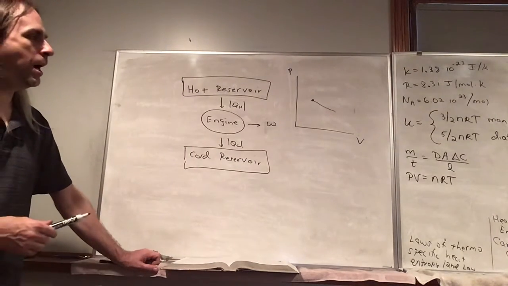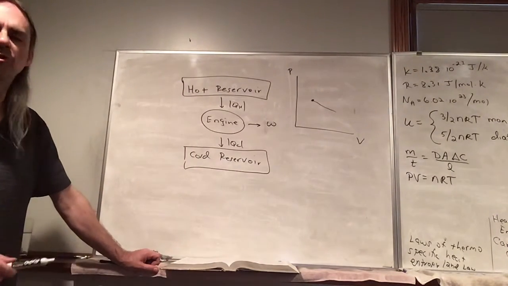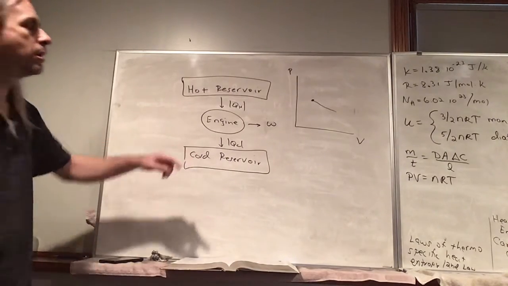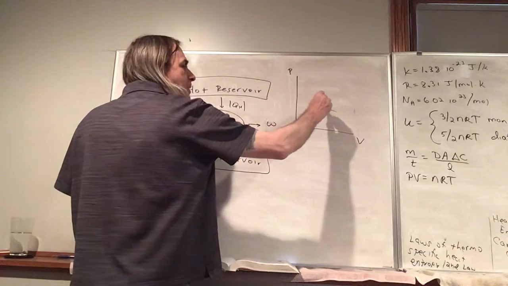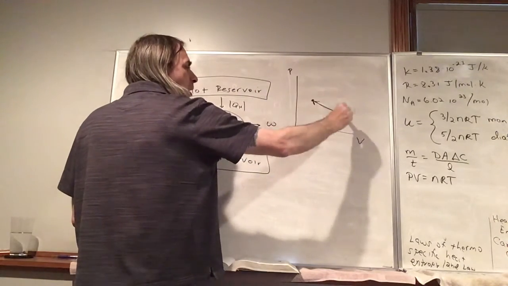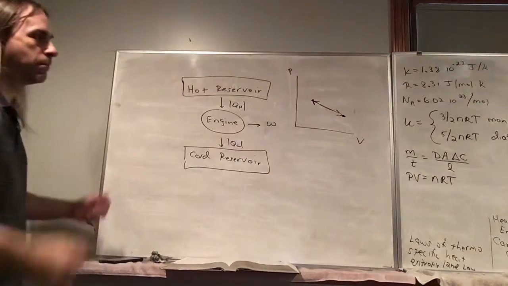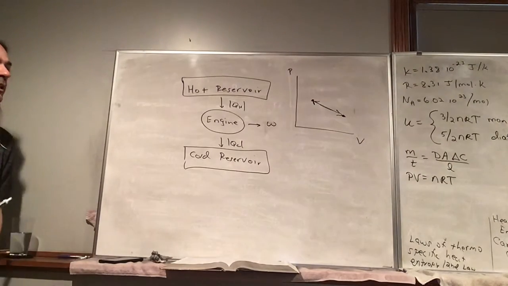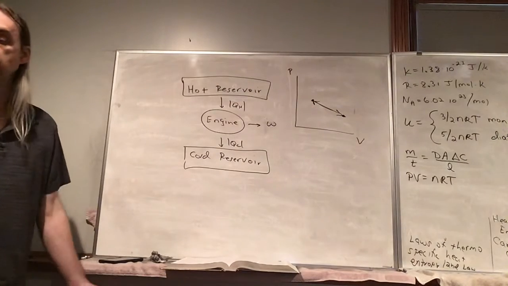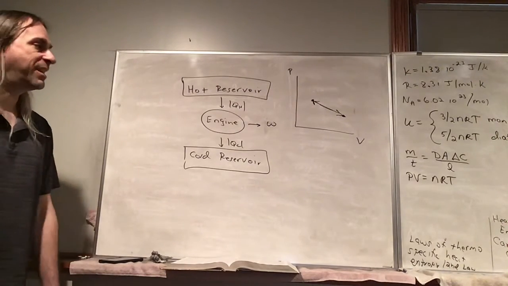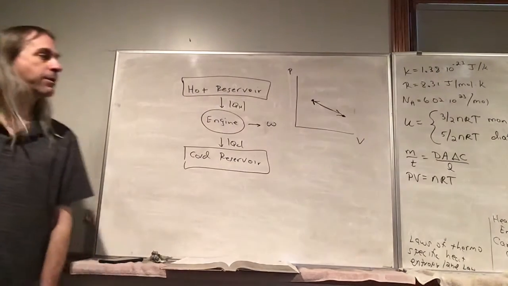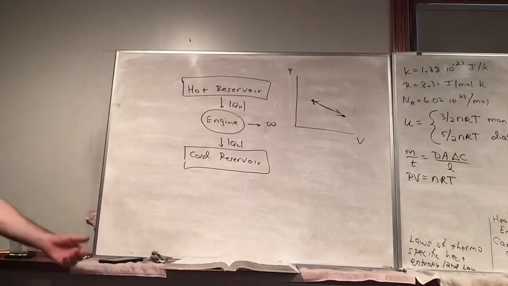And in order to make an engine work, there has to be a cold reservoir. Because if we just have the gas expand, and then we just push it back along the same path, the net result in the best case scenario would be zero work done by this engine. Not very useful. In a more realistic case, we would have to put energy in to get it back to its starting location because of friction.